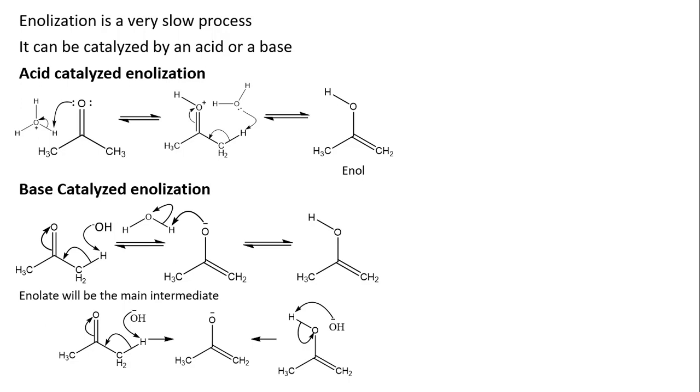The oxygen-hydrogen bond is being broken and the hydrogen is being accepted by the hydroxide ion in the form of an H positive ion, and the oxygen is getting the negative charge and enolate is being generated.